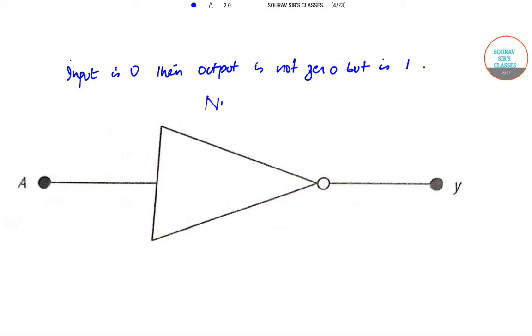Now the NOT gate has one input and one output. So this is the input and one output device, and its logical symbol is nothing but this.